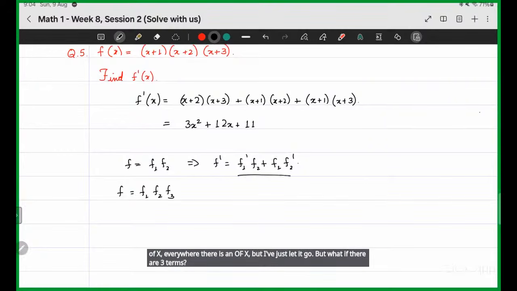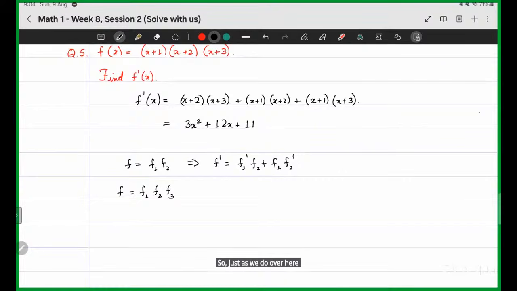So just as we do over here, we differentiate one term and leave the other. We will differentiate one term, leave everything else the same, and we'll cycle through all the terms in the product.